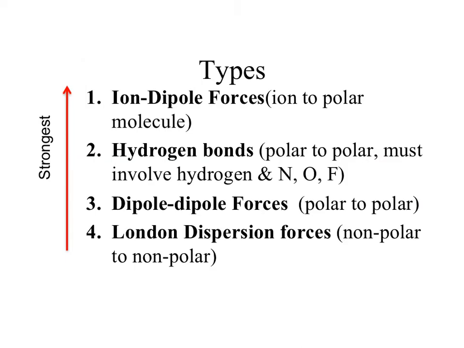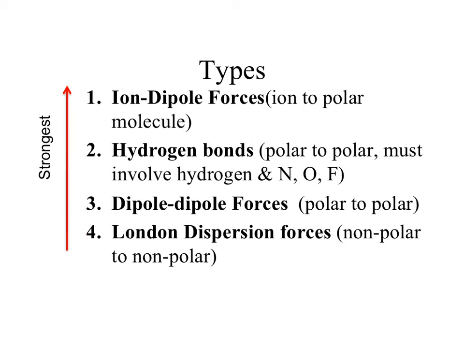So there are basically 4 types of intermolecular forces, and all chemicals can be divided amongst those 4. You can see number 1 is the strongest, 4 is the weakest.